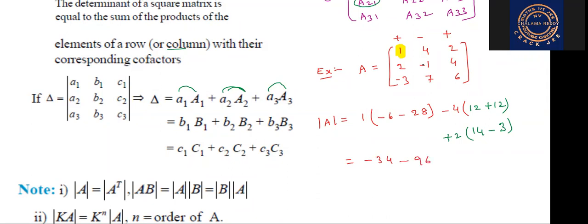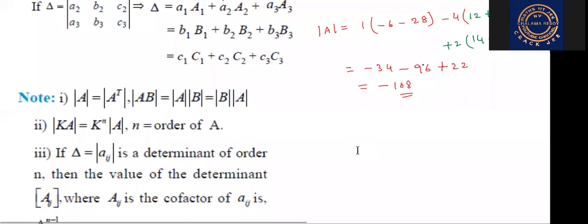Here 14 minus 3 is 11, 22. So tell me the final answer. Minus 34 plus 22, 8 4 12, minus 12, minus 108 is the answer. Is it correct?